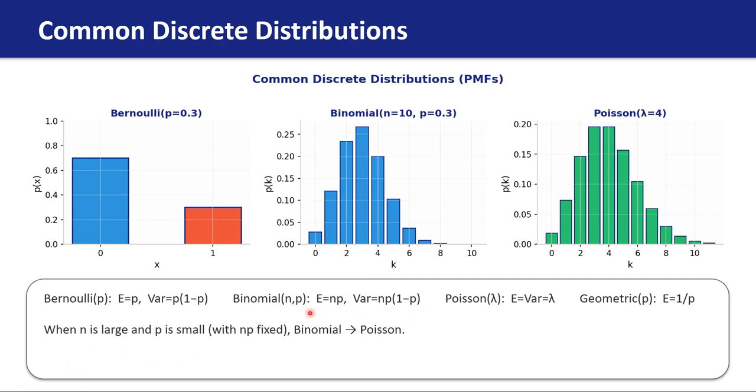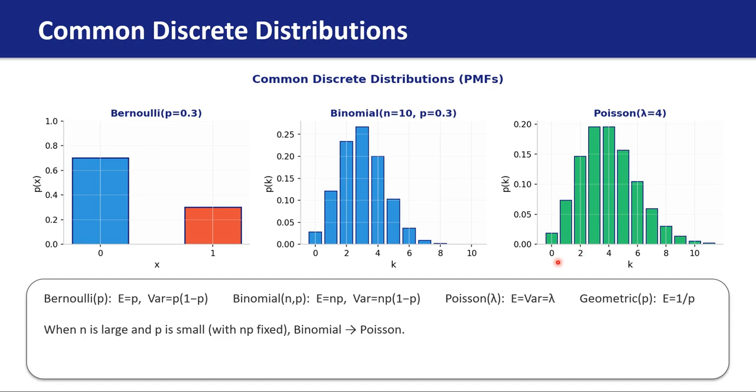The mean of this distribution is np, and its variance equals np times (1 minus p). The third common discrete distribution is the Poisson distribution with parameter lambda. It models rare events in a fixed time or space.